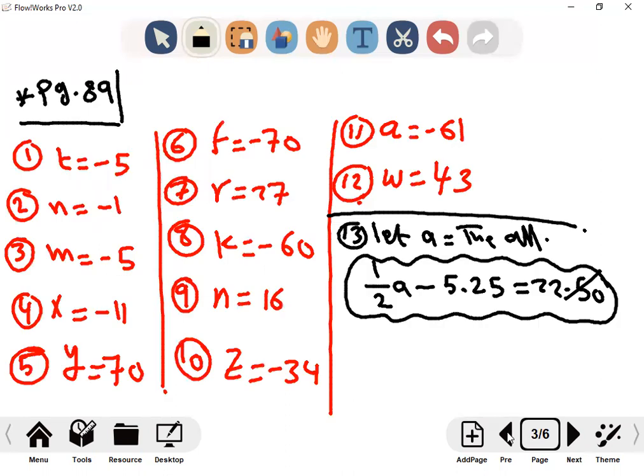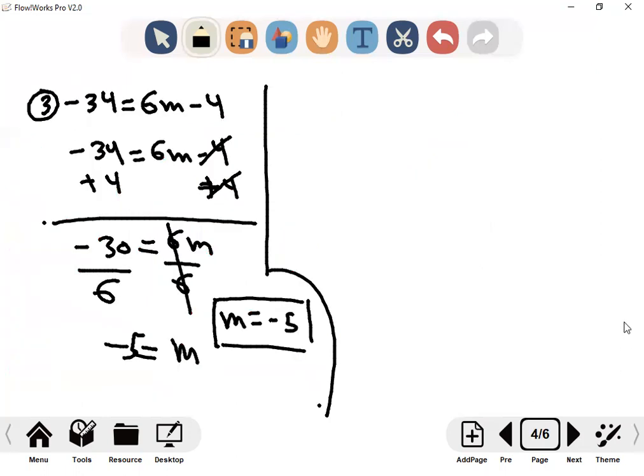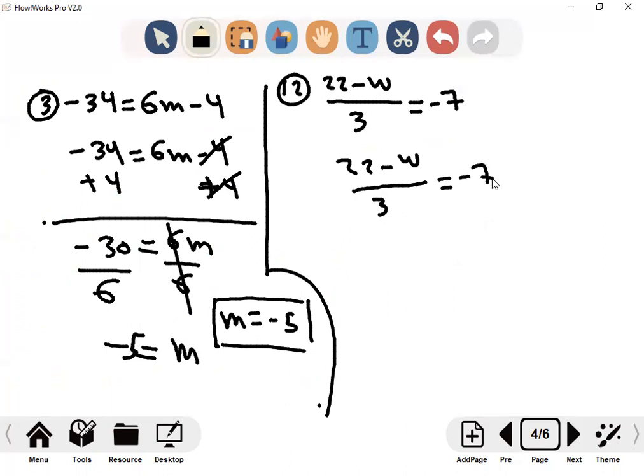Question 12. W is 43. Let's see question 12. In question 12, we have 22 minus W over 3 equals minus 7. Let's get rid of the 3 by multiplying by 3 on both sides. This is over 1 and you cross the same.